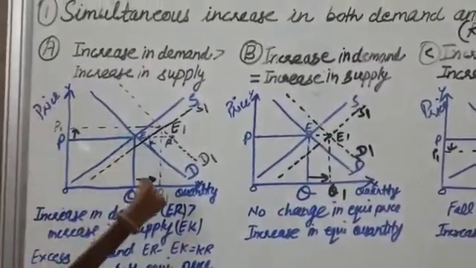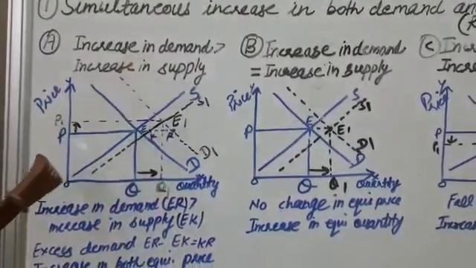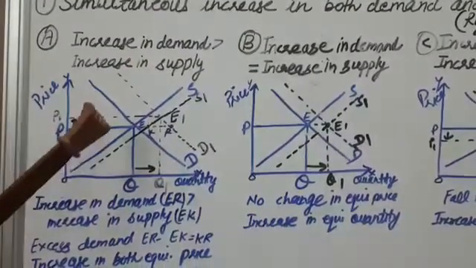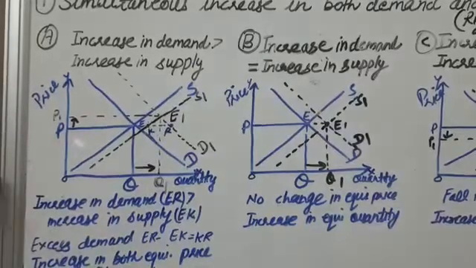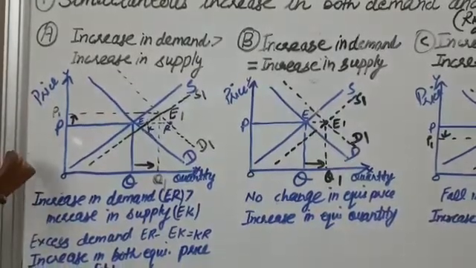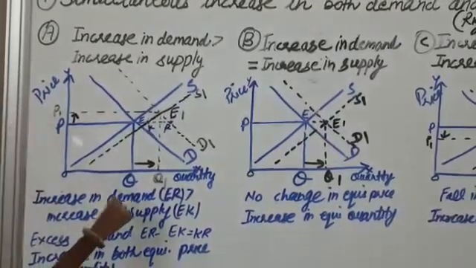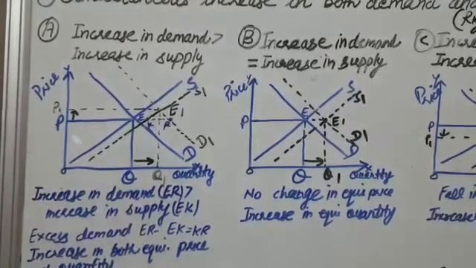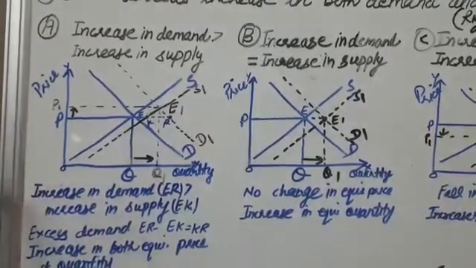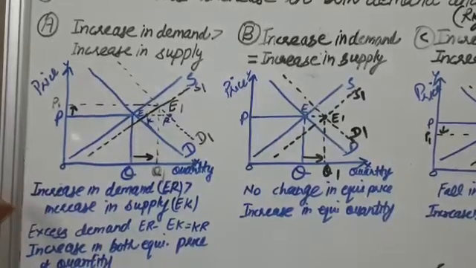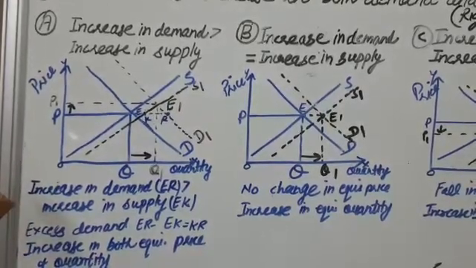Here D is the original demand curve, S is the supply curve. Equilibrium is determined at point E. Equilibrium price is P and equilibrium quantity is Q. Now demand curve shifts rightward, which shows increase in demand.